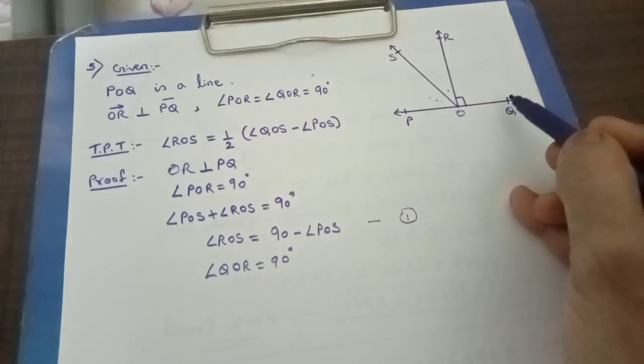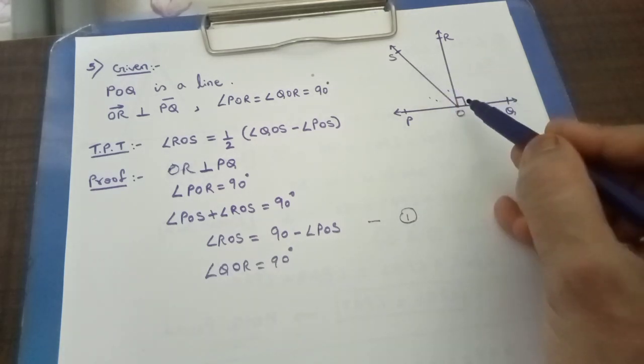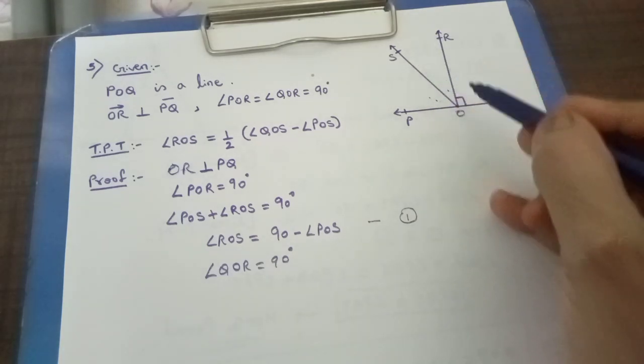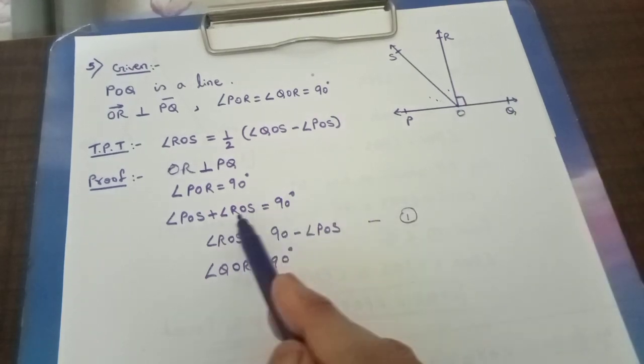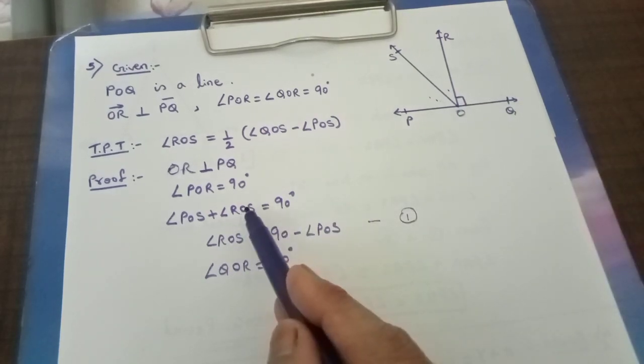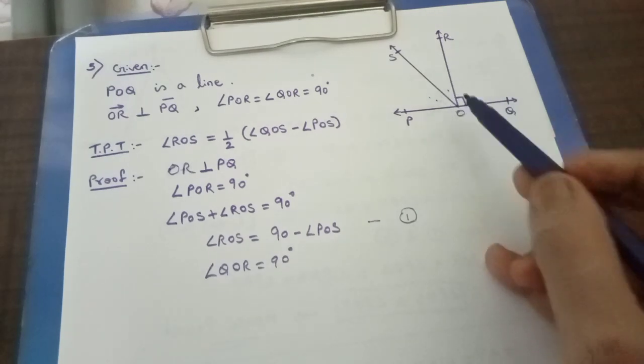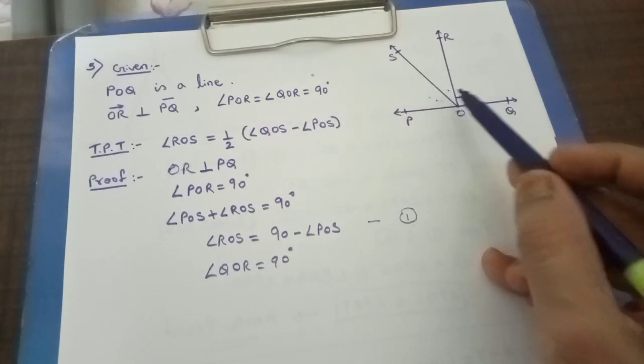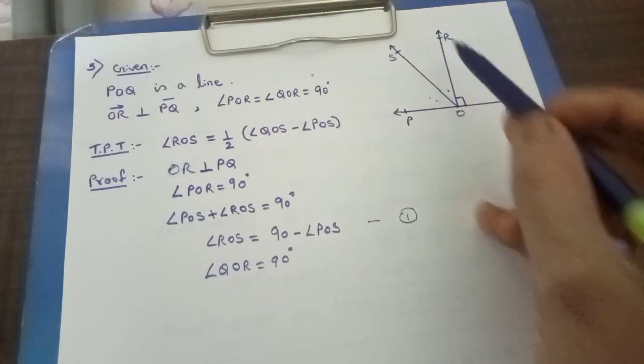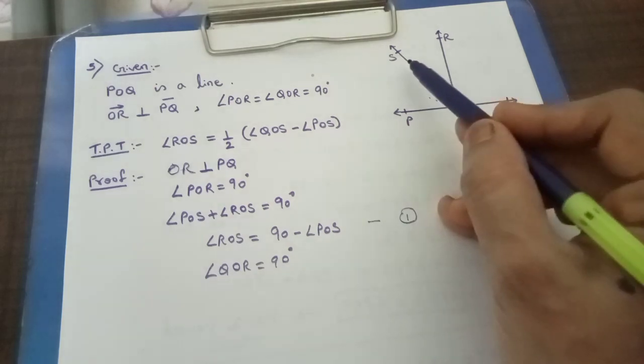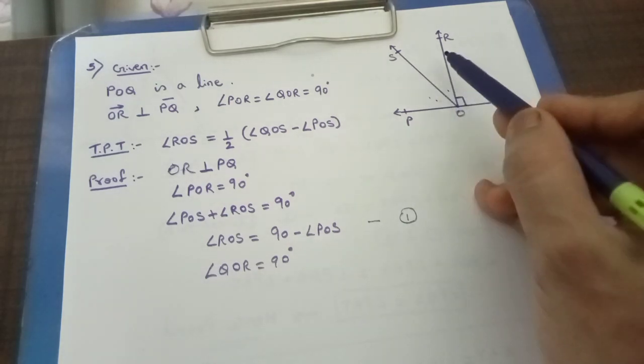This part you can write it as QOS minus ROS, because in both the equations we require this ROS. So we need to include this ROS in the equation number 2 also. So for that, in place of QOR, we can write QOS minus ROS.